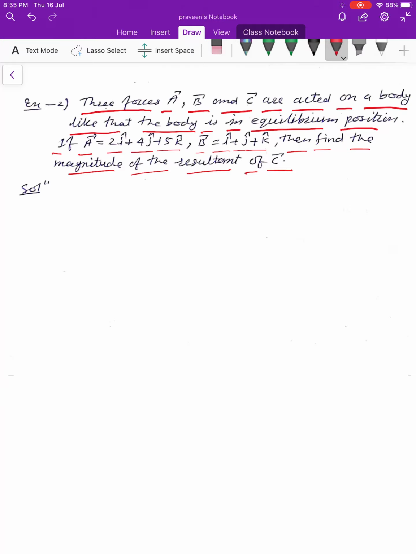Solution: in equilibrium position, the sum of the forces is equal to 0.